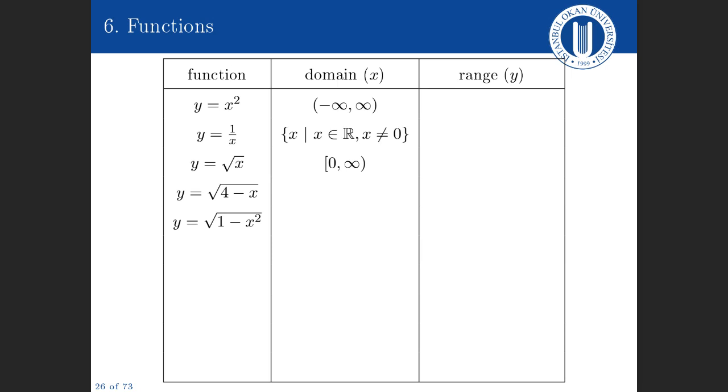Let's talk about some functions and domains and ranges. First of all, y is equal to x squared with domain the open interval between minus infinity and infinity. What possible values can y take if x is a real number?